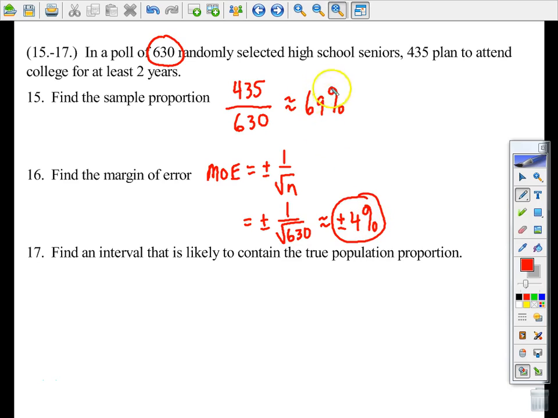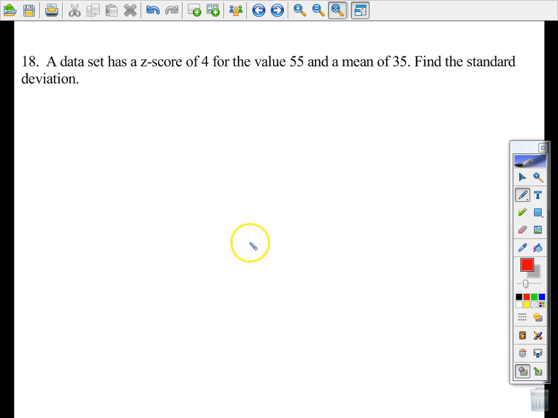And so to build this range from 69%, accounting for the margin of error, then just think of 69% minus 4% and 69% plus 4%. And that gives us confidence that our data is correct within this interval. Okay, so that would be my final answer for number 17.